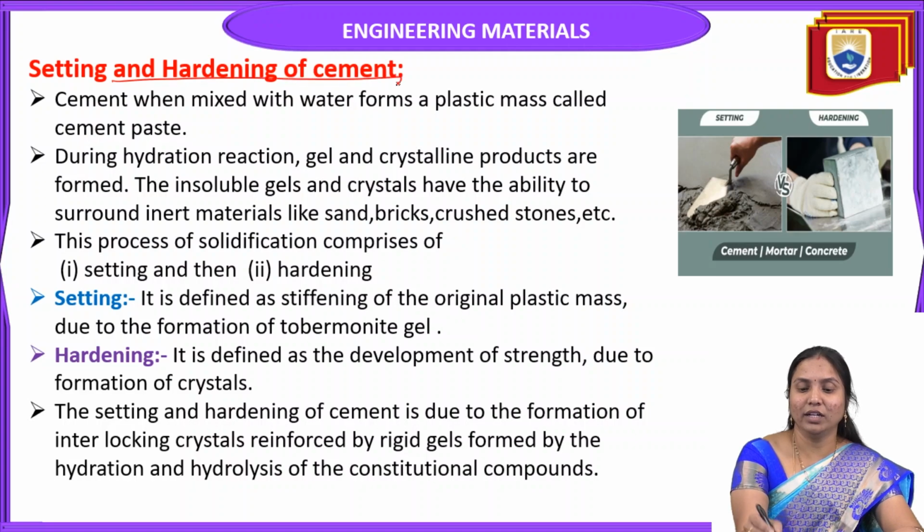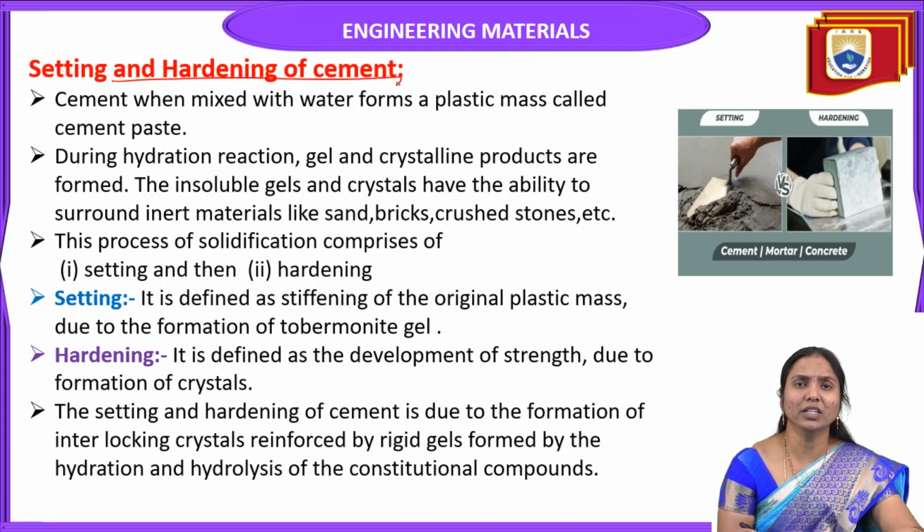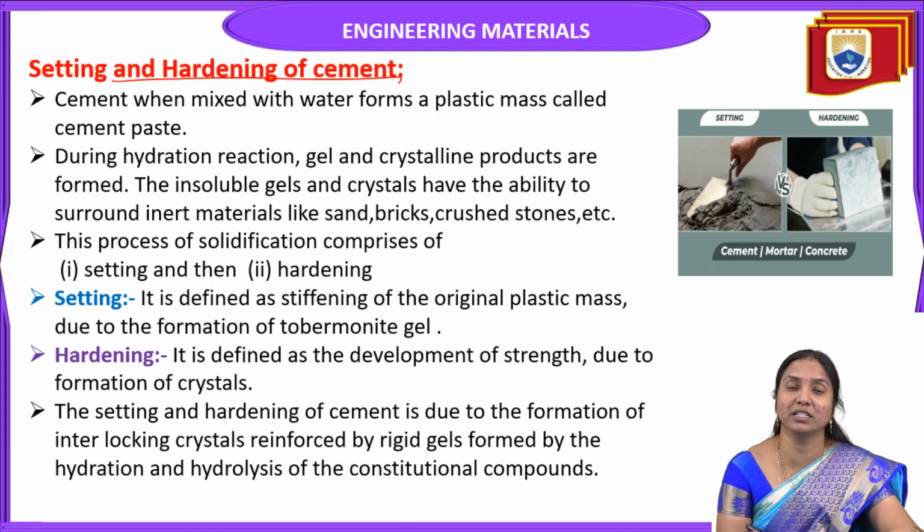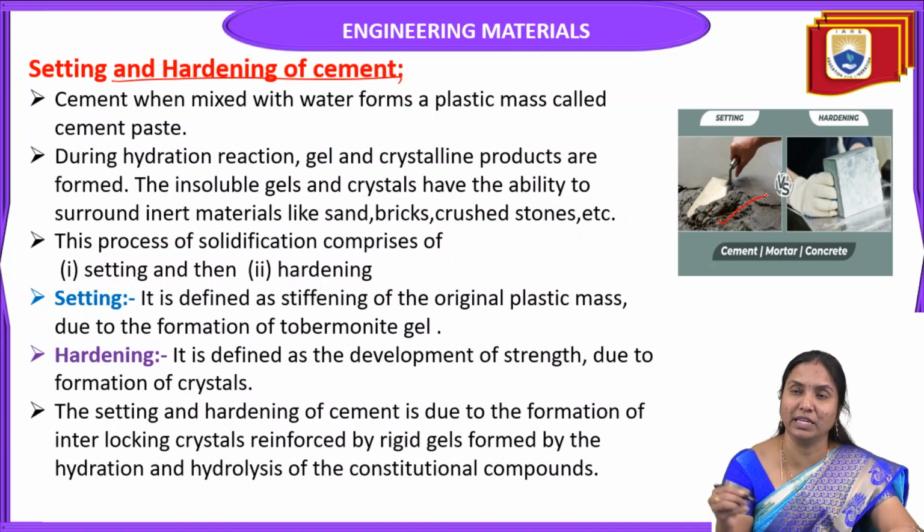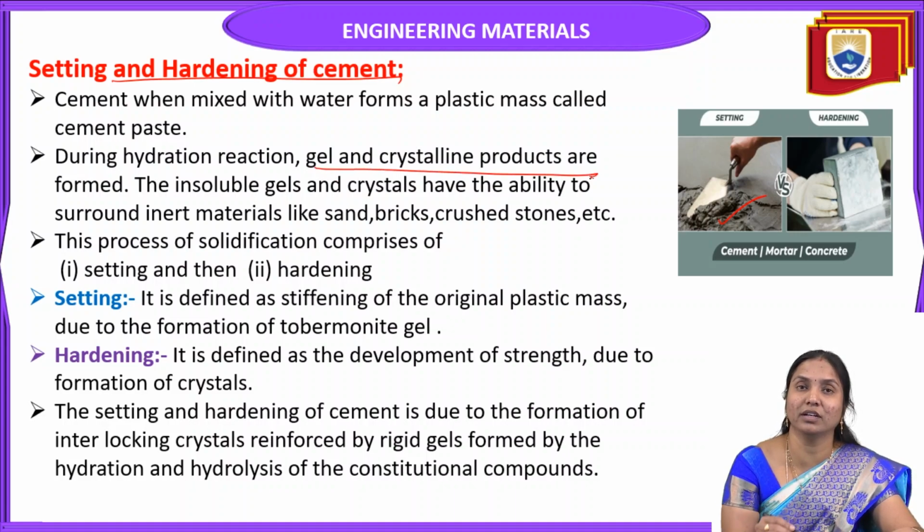Next, setting and hardening of cement. When cement is mixed with water, it forms a plastic mass called cement paste. See this image here. During the hydration reaction, gel and crystalline products are formed.